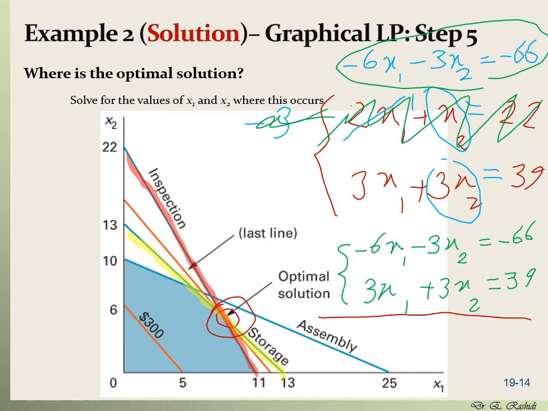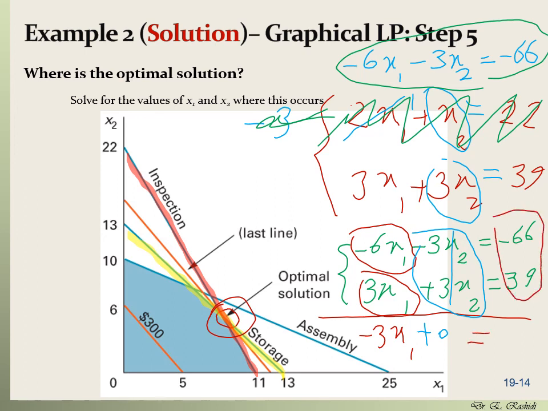Negative 6x1 plus 3x1 is negative 3x1, and negative 3x2 plus 3x2 is 0. That equals negative 66 plus 39, which is minus 27.